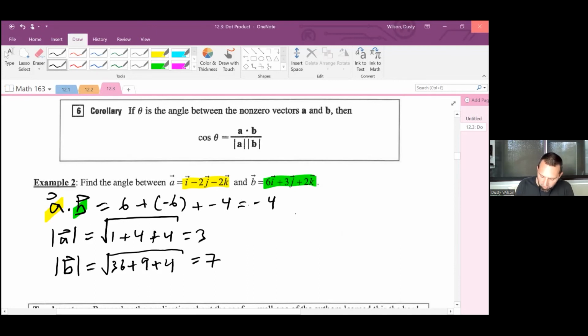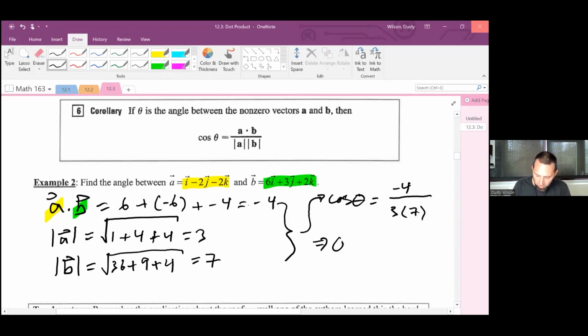So this together tells us that the cosine of theta is equal to negative 4 divided by 3 times 7. Or theta is equal to the arc cosine, the inverse cosine, of negative 4 over 21.